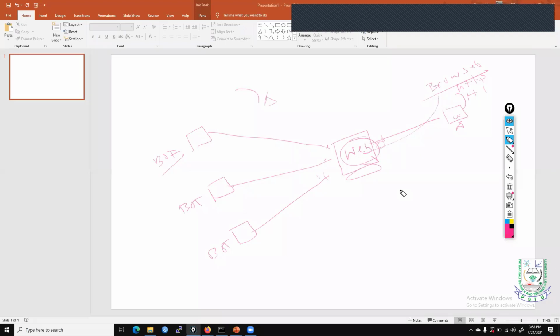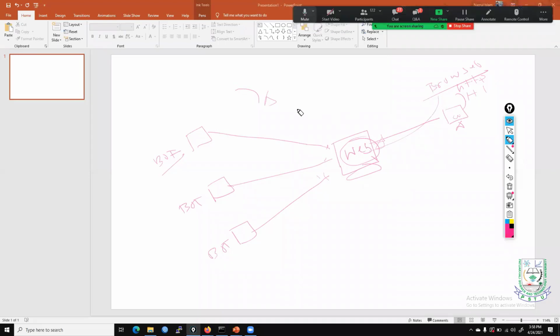So in HTTP, there can be two types of HTTP DoS attack happening on the network. The first one is HTTP GET, and another one is HTTP POST.